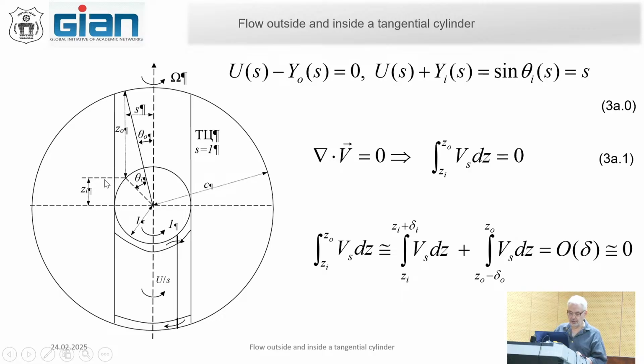So we can integrate inside the tangent cylinder from this boundary in the z direction up to the upper boundary. And this integral is equal to 0 because it's the natural consequence of the divergence-free equation.